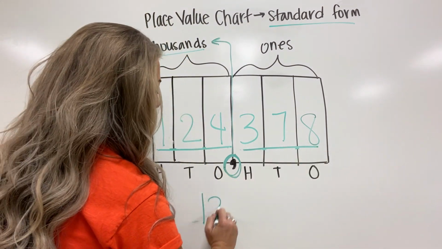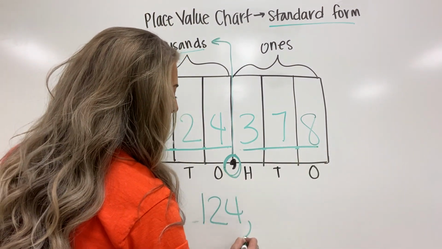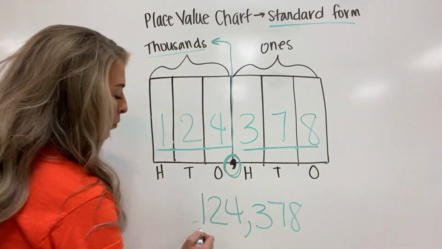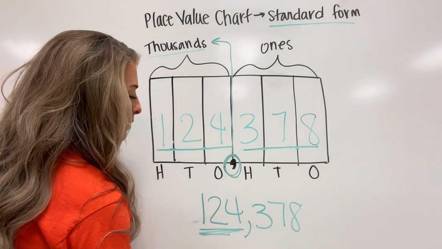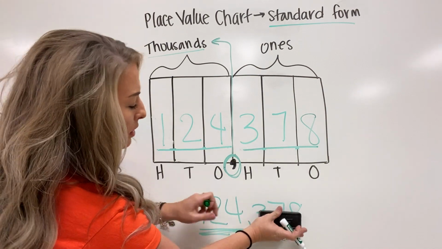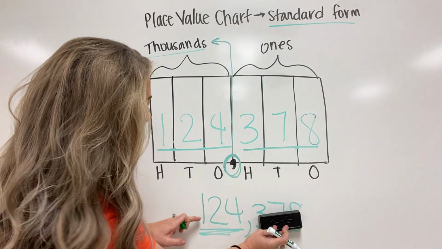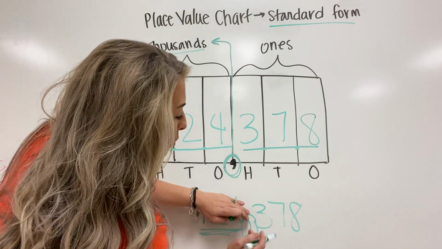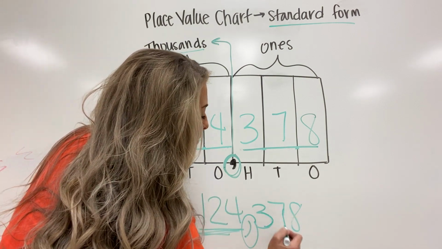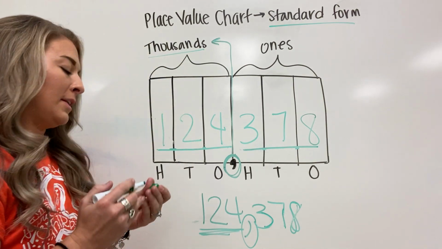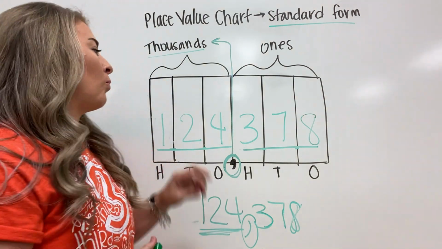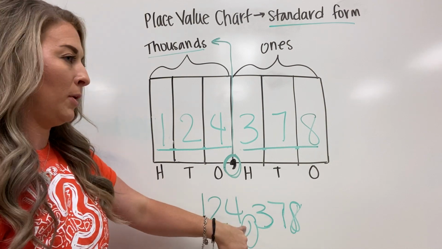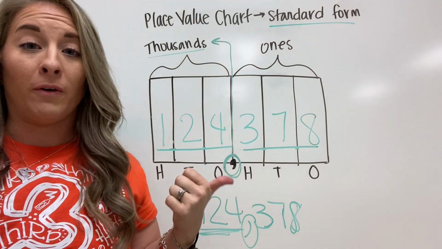So 124,378. So again, 124, because that's what it looks like if I were to cover that. Can you see that? Am I blocking that? Okay. 124,378. Okay. It's going to take a lot of practice, but if you just keep practicing it and know that you say it normal, the period it's in, and say it normal, you'll be very successful.